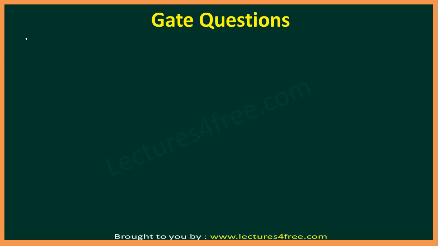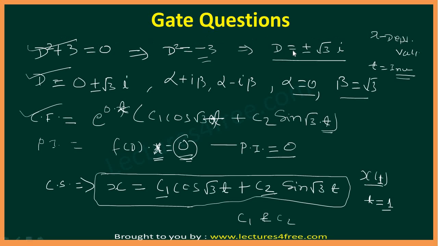It means the value of x is equal to 1 when t is equal to 0. So you have the function of x here. Put t is equal to 0 and x is equal to 1.